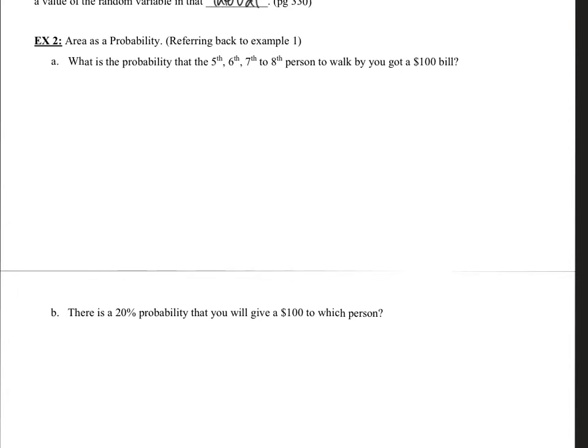Well, let's go ahead and take a look at the probability that we had. Remember, it was 1 out of 15. So let's go ahead and copy down the graph that we had previously. So remember, we had density, and then we had the person. So we had 1, 2, 3, 4, 5, 6, 7, 8, 9, 10, 11, 12, 13, 14, 15.